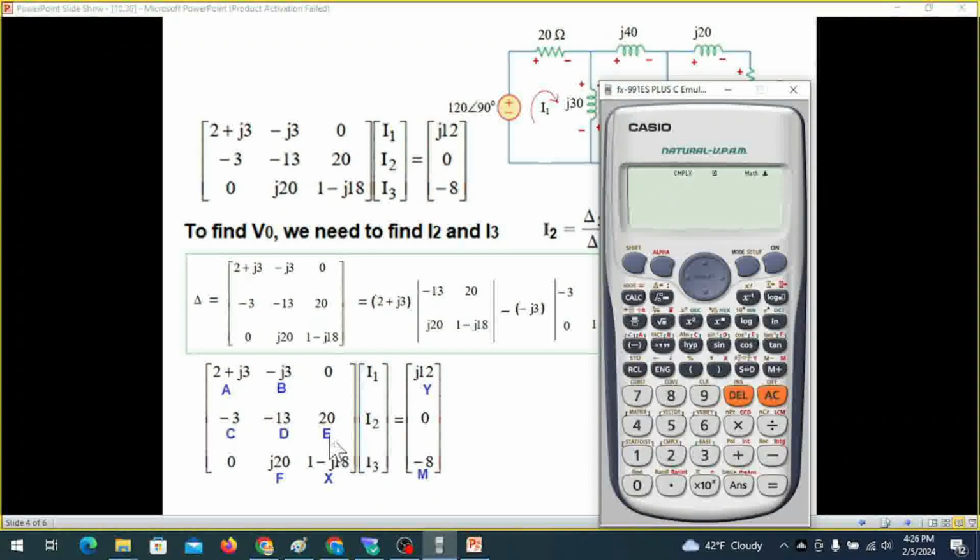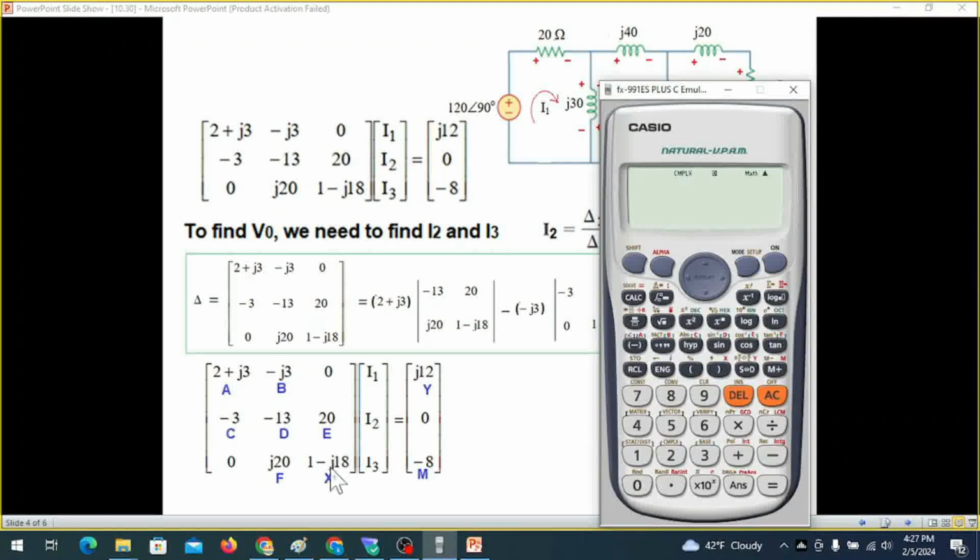Now minus 20 is E. Minus 20, shift store, and then E. So E has been assigned. J20 is F. So 20I, shift store F. And here is F. F has been assigned.